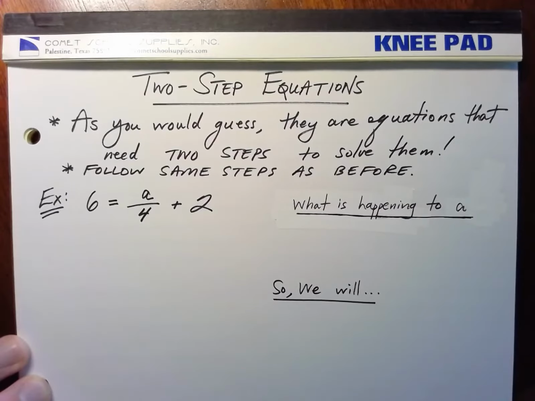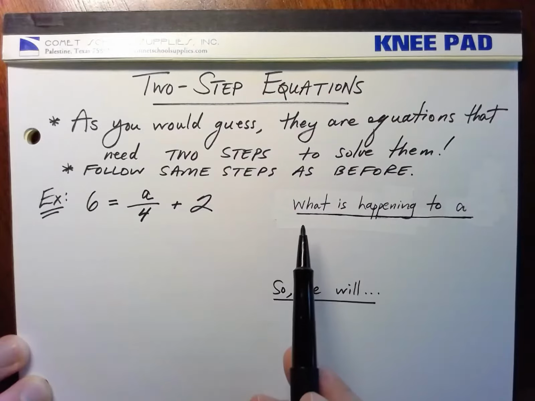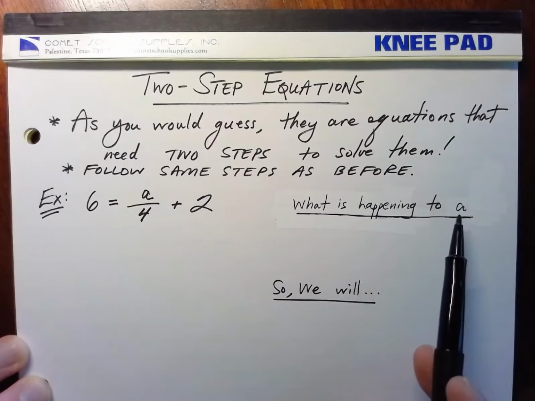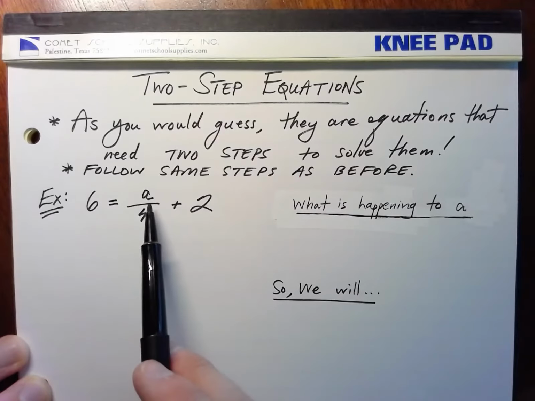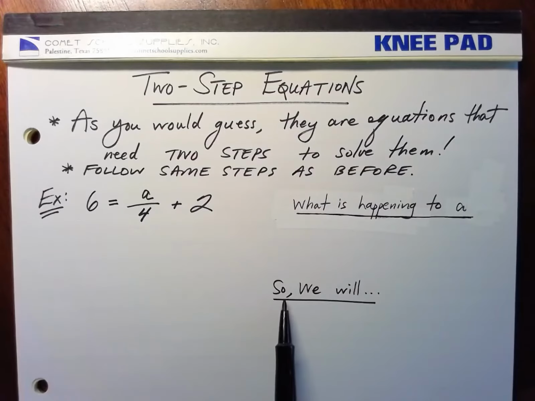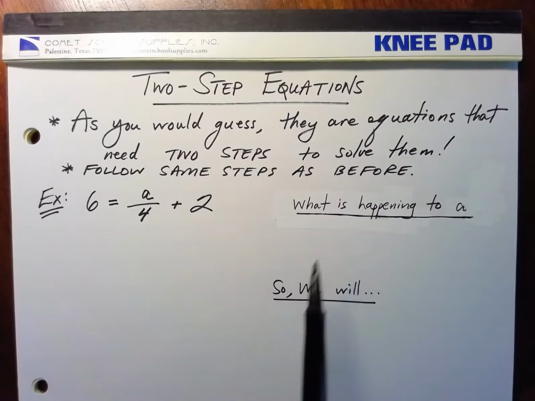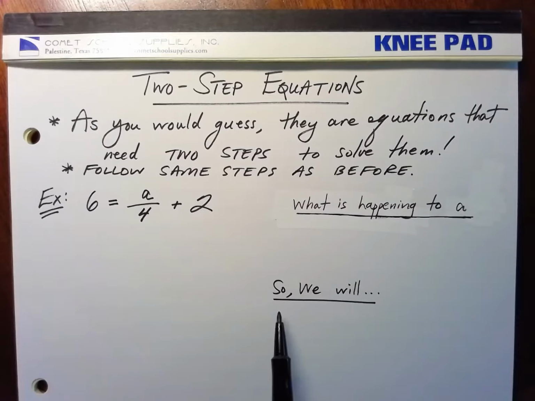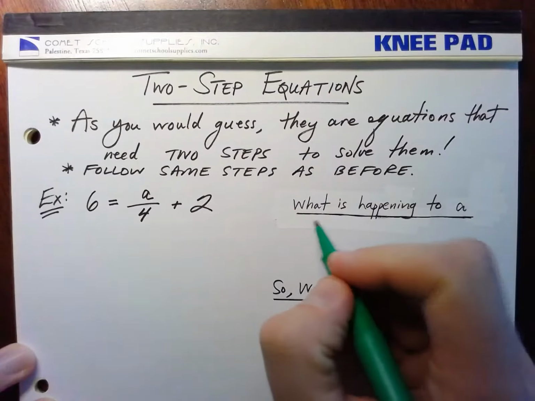And so I want to get in the habit of making this chart. What is happening to the variable? In this case, it's the variable a, which is right there. And then reversing this and flipping all the inverse operations to figure out what we are going to do. Okay? And so we ask ourselves, what is happening to a?